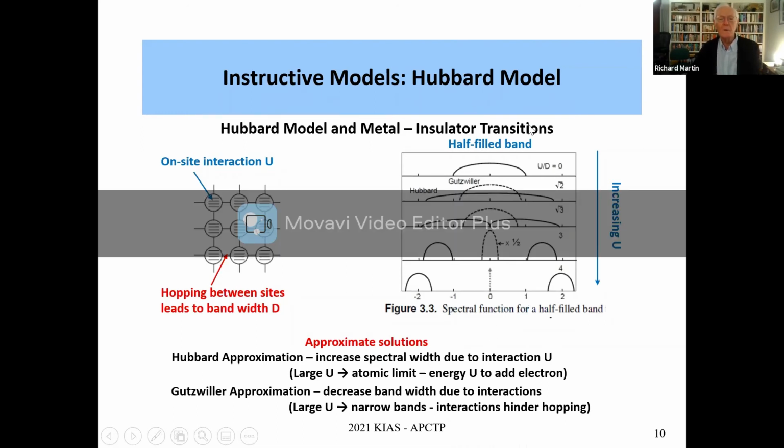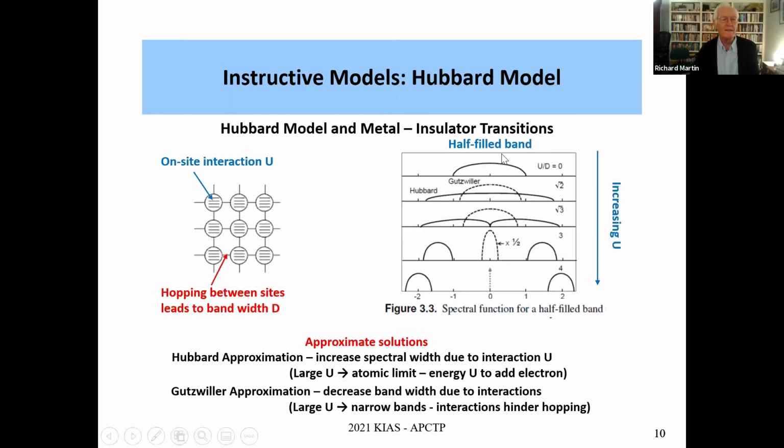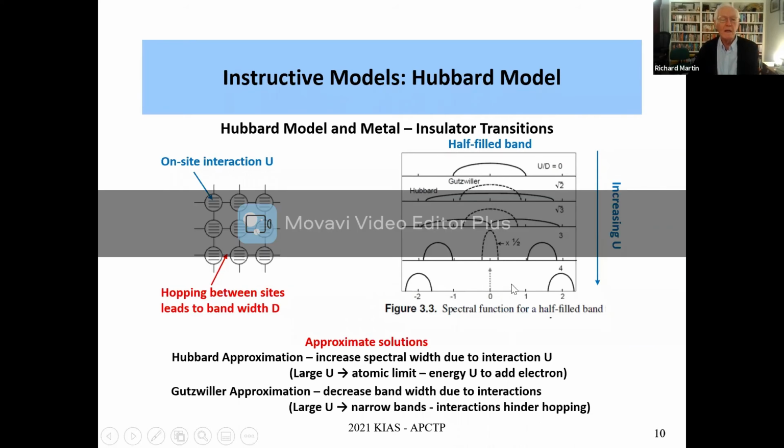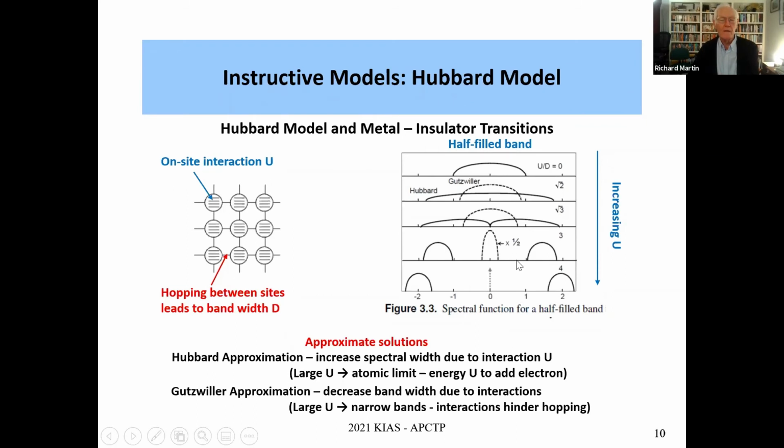There's another thing that you know has to happen. Gutzwiller realized that the bands get narrower because of interactions. That is, it's harder for the electrons to move from one site to the next. He made an approximation saying, well, let's suppose the system stays as a band and gets narrower and narrower. So what really happens, there are two solutions from these two giants in our field, things that you can work on analytically.